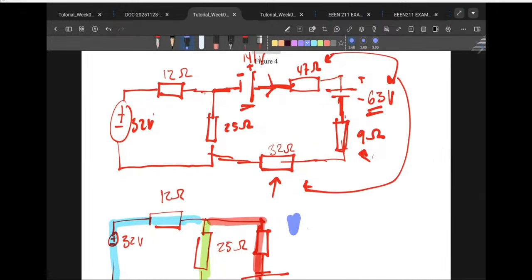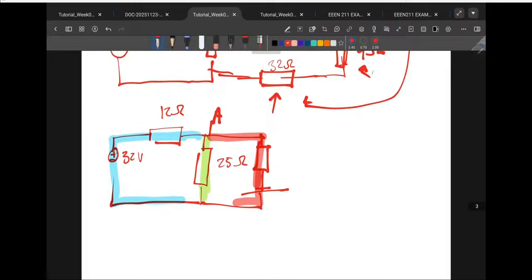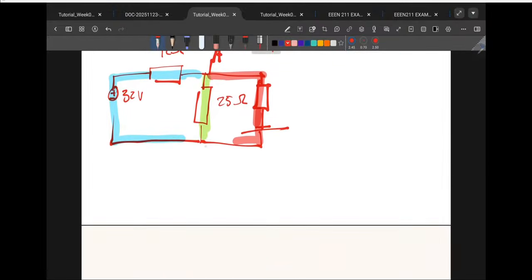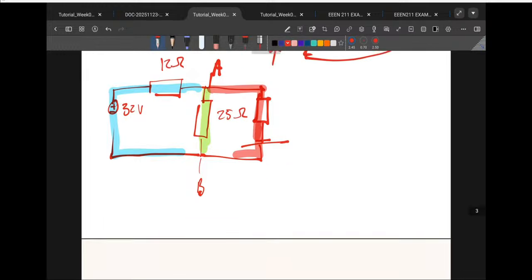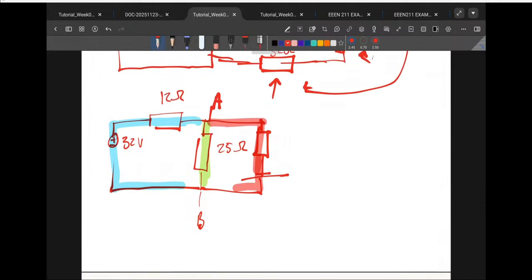So now you have point A, then you have point B. So in here, if we're doing, we do branch by branch. So in here, what do we have in here like this?